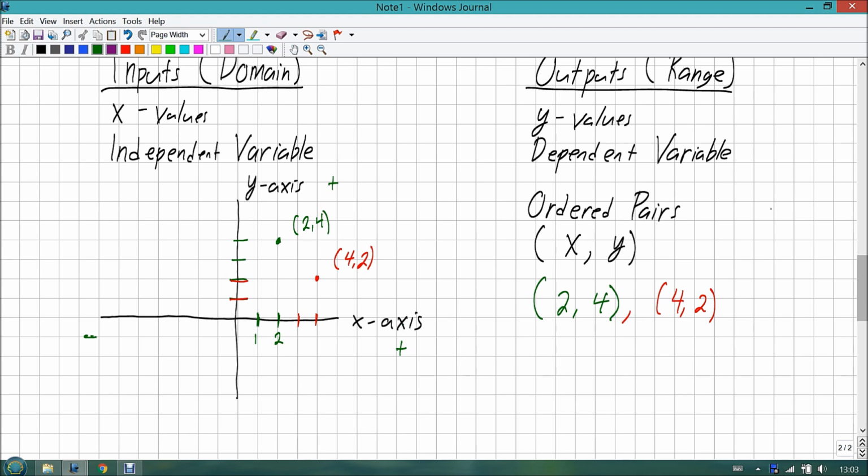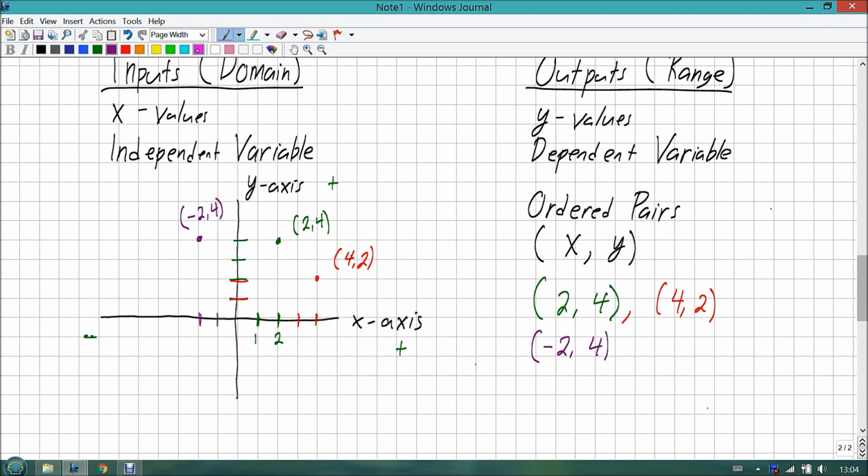All right, so let's go ahead and move on to our next piece, which is dealing with some different types of ordered pairs, like with negatives. For an example, what if I have the point (-2, 4)? Well, the -2 is on the x-axis, so we're going to be going 2 in the negative direction. The 4 is the y-axis, so I go up 4, and I have my new point at (-2, 4).